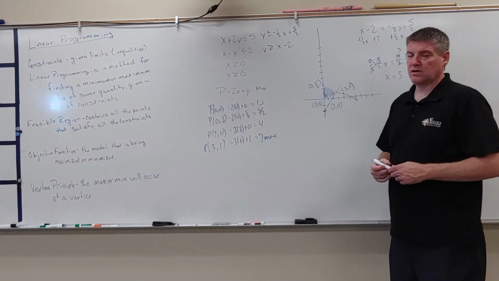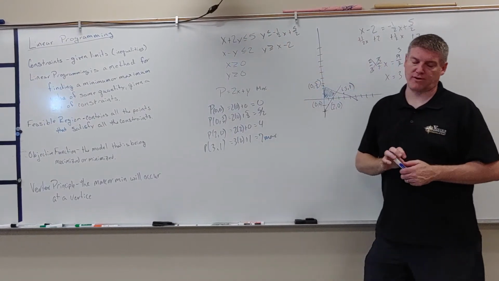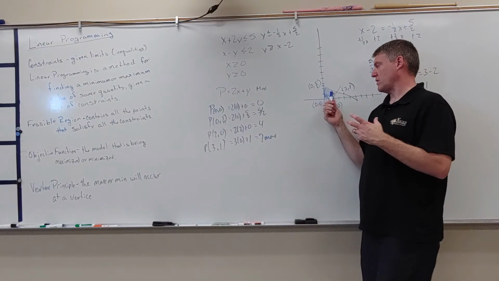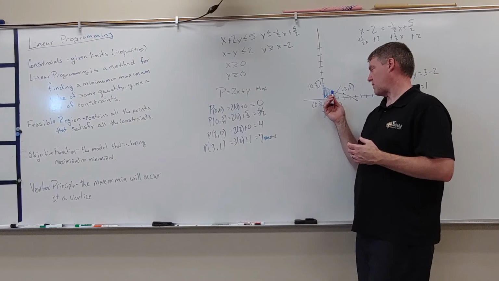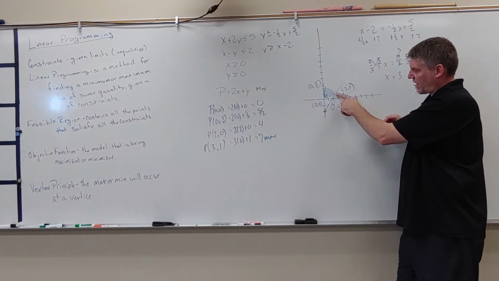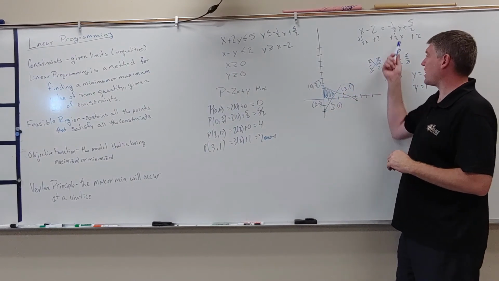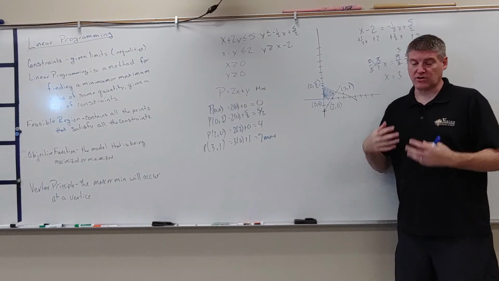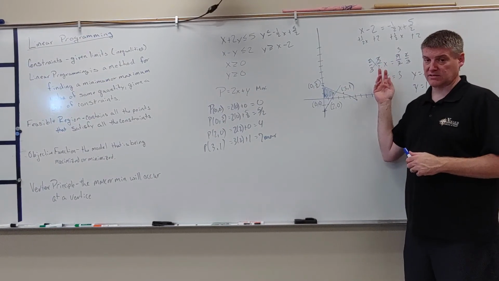You want to make sure that you graph all of your constraints. I would not necessarily use my graph for this value, because this looks like about 2.9 and 1.1. So make sure these are precise. You're going to have to go back and use systems of equations and solve to find these.